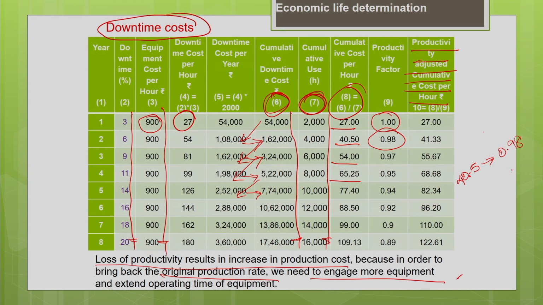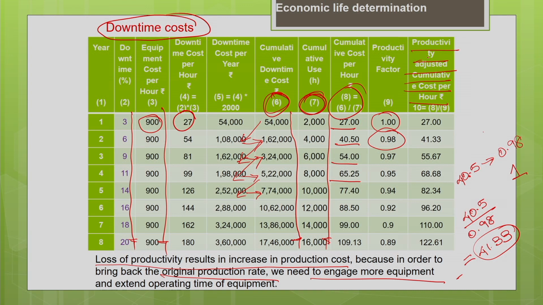To bring this productivity back to 1, I need to spend some additional cost: 40.5 divided by 0.98. Okay. So that gives me the actual cost 41.33. So this is an increase in cost I am facing due to the downtime. To bring my productivity back to the original production rate, I need to spend some more effort or cost. So that is what is productivity adjusted downtime cost.